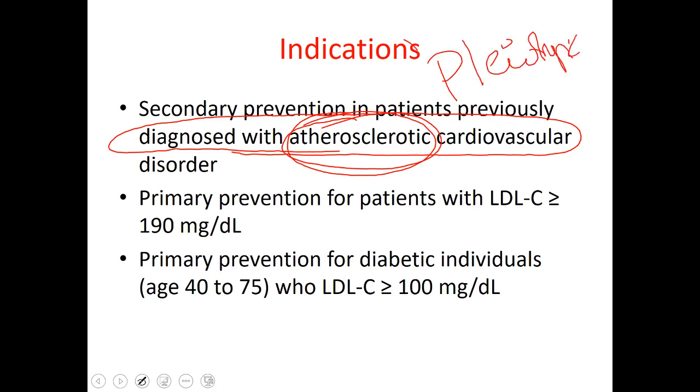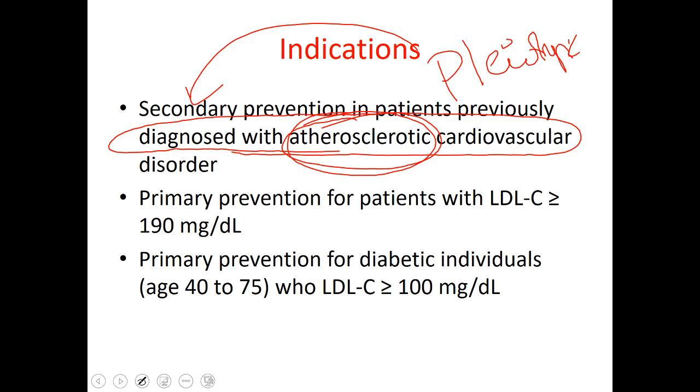So, this is for patients with established atherosclerotic disorders as a secondary prevention. You do not want any thrombotic attack, you do not want any further worsening that leads to necrosis, gangrene, right. So, this is secondary prevention.